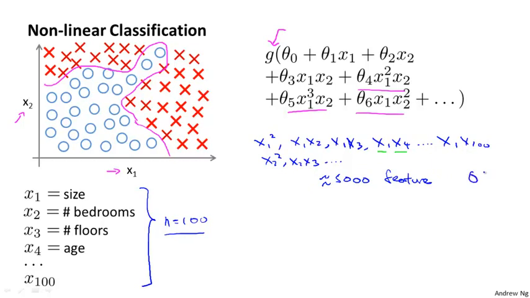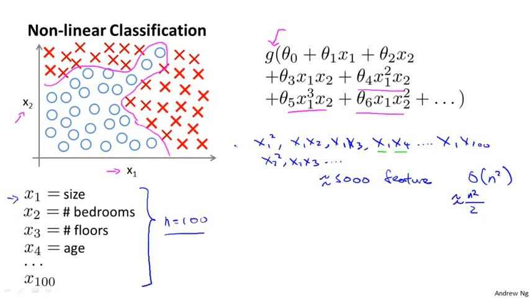Asymptotically, the number of quadratic features grows roughly as order n squared, where n is the number of the original features like x1 through x100 that we had, and is actually closer to n squared over 2.